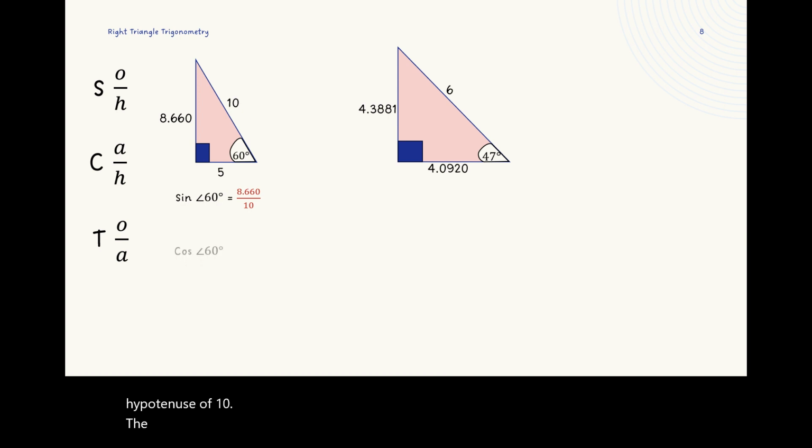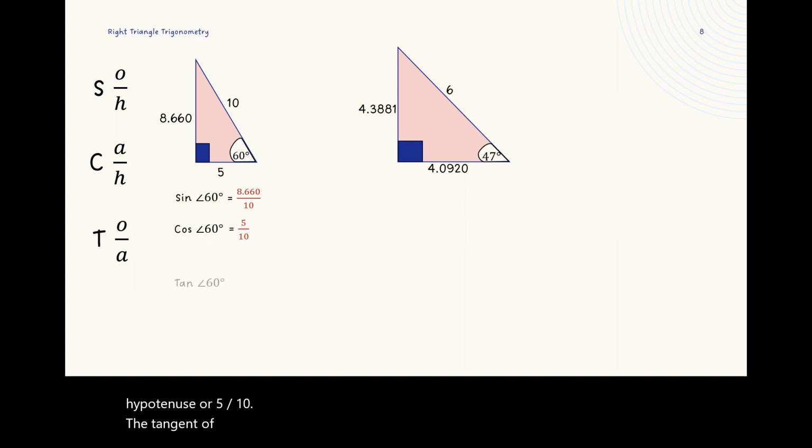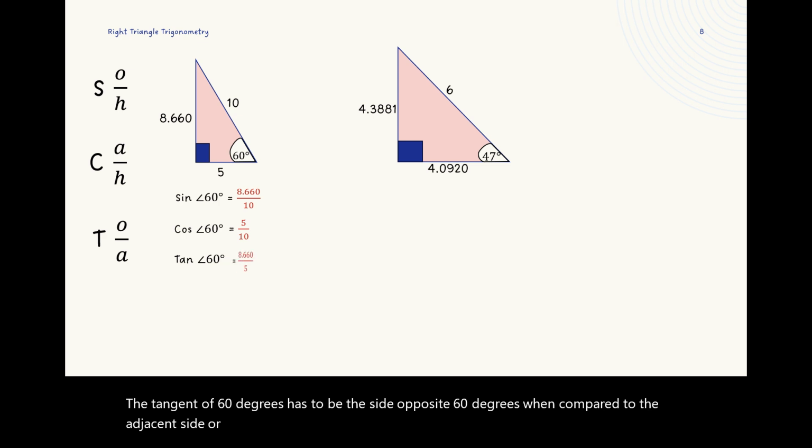The cosine of 60 degrees has to equal the adjacent side to the 60 when compared to the hypotenuse, or 5 over 10. The tangent of 60 degrees has to be the side opposite 60 degrees when compared to the adjacent side, or 8.66 over 5.